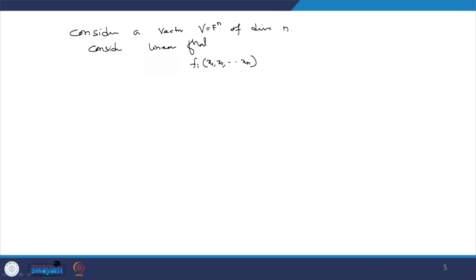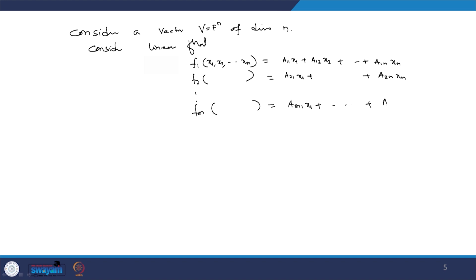Now, f1 operating on any element x1, x2, up to xn, let me define as a11 x1 plus a12 x2 plus up to a1n xn. Similarly, f2 another linear functional, let me define a21 x1 plus up to a2n xn, and fm is given by a m1 x1 plus up to a mn xn.